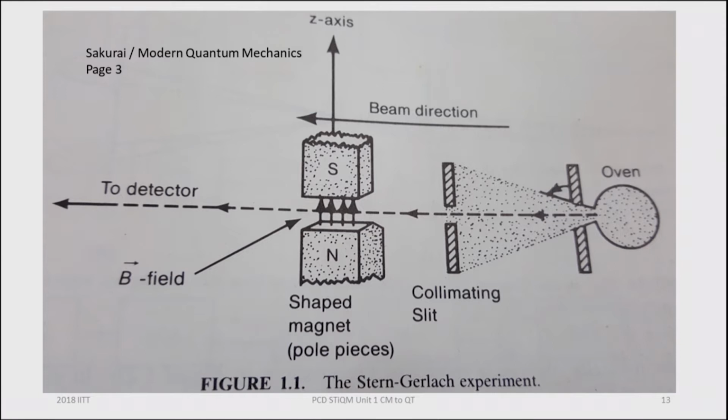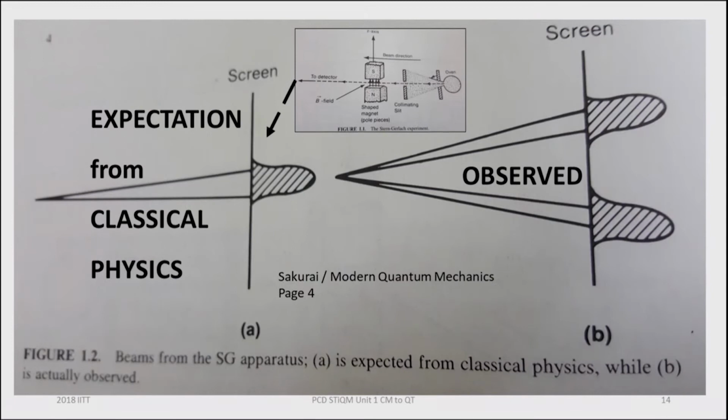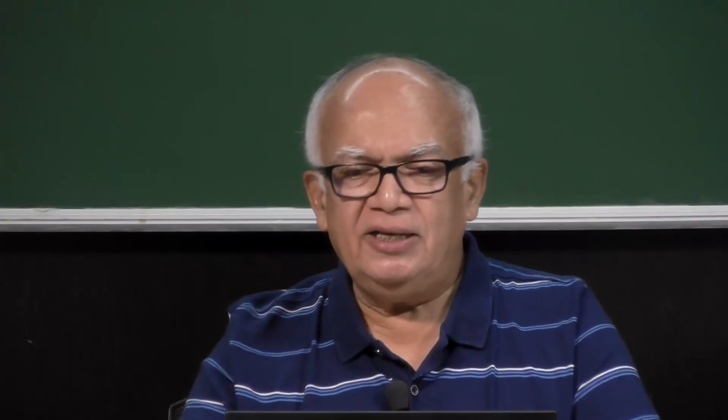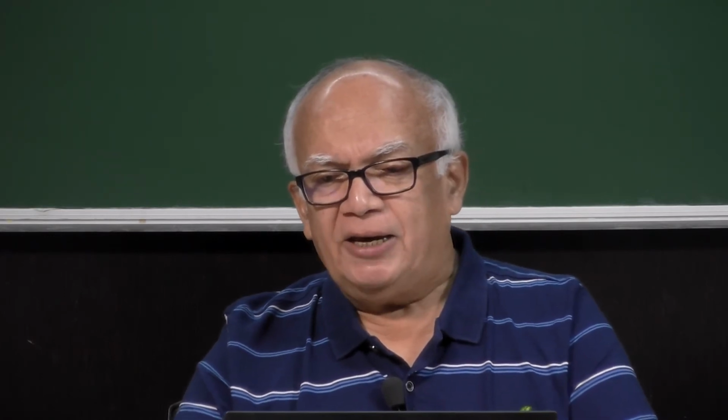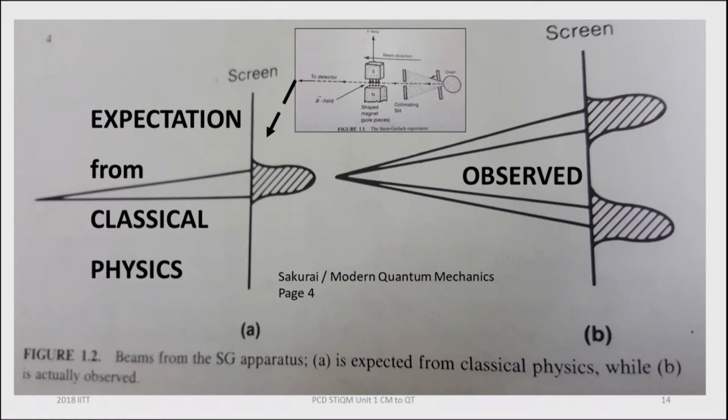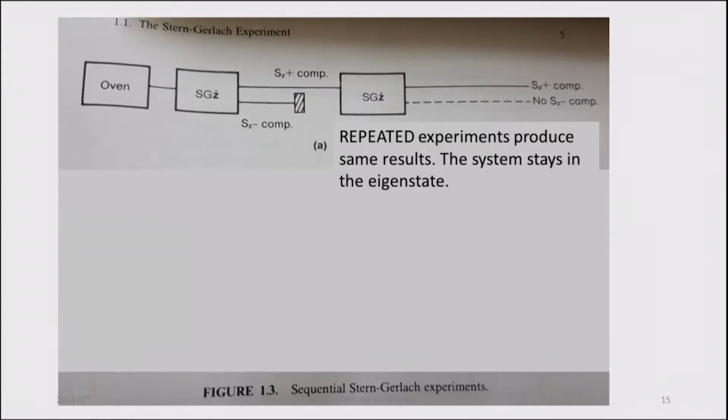So, it has got a net angular momentum, and this net angular momentum, which is an intrinsic angular momentum, is spin half, and it has got two components along the z axis, the plus and the minus, and these are the two components which separate out, which is very surprising, because classically you would have expected only one peak, but now we observe two, and this is very nicely explained in Sakurai's book.